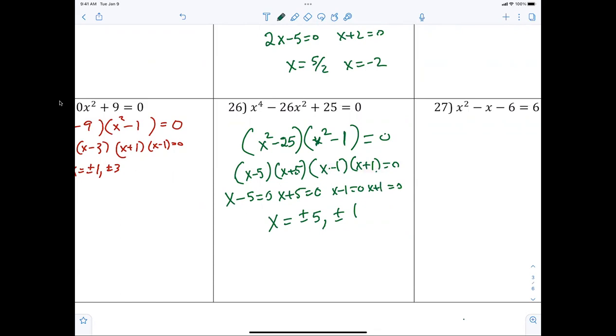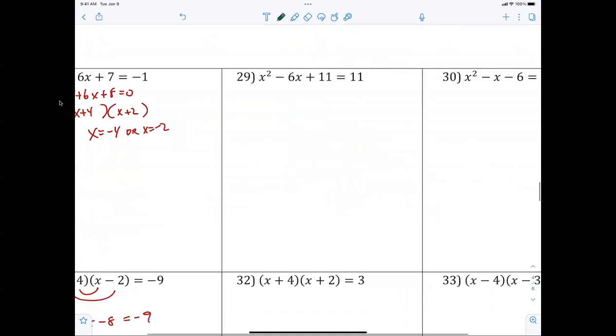All right. Here we go. 28. Or I'm sorry, 29. Again, it's not set equal to 0, so I have to move the 11. When I do that, I end up with x squared minus 6x equals 0. GCF x. Then I'm left with x minus 6.